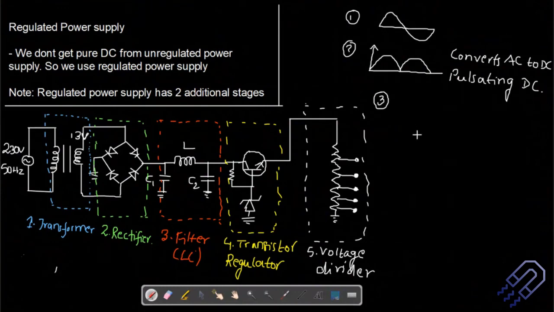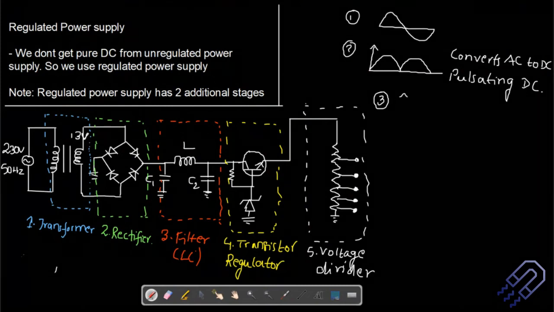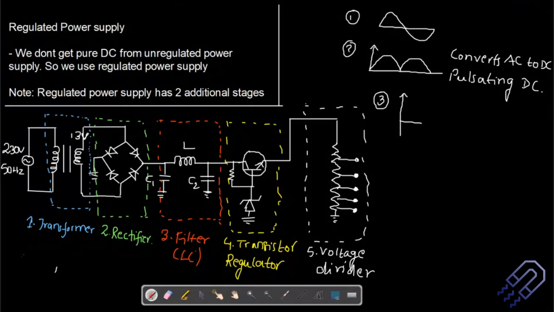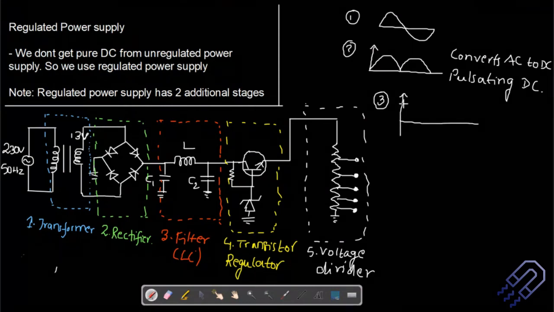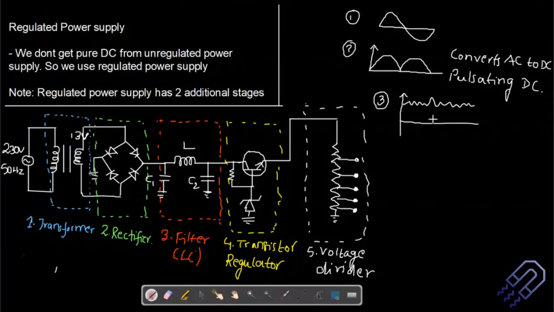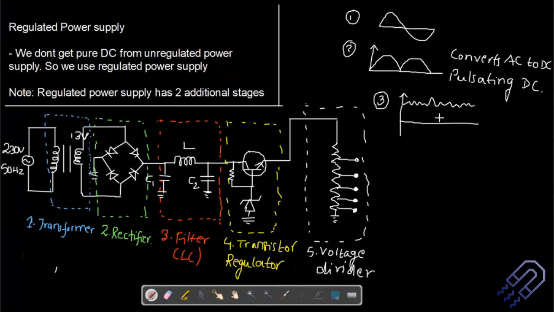In the third stage, after it's filtered out, that means you are removing some AC components, the pulsating part. You are going to get a signal which is not going to be smooth. This is going to be something like this. So it's rectified partially. The constant DC is partially what you're getting.